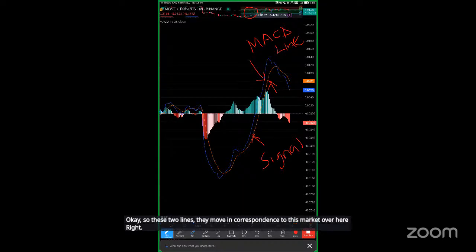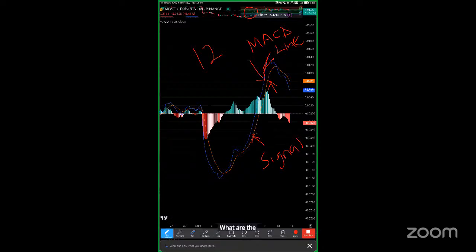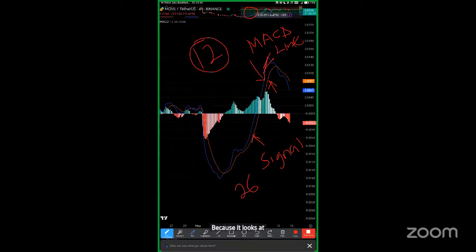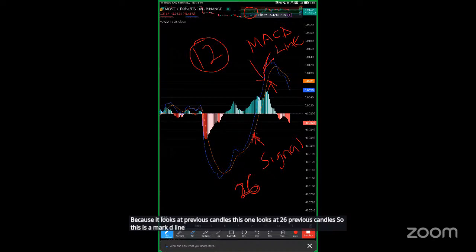So the MACD line, which is the blue line here, is a 12 moving average, while the signal line is a 26 moving average, meaning to say the MACD line, the blue one, moves faster than the orange line because it looks at previous 12 candles. This one looks at 26 previous candles. So this is a MACD line and the signal line.